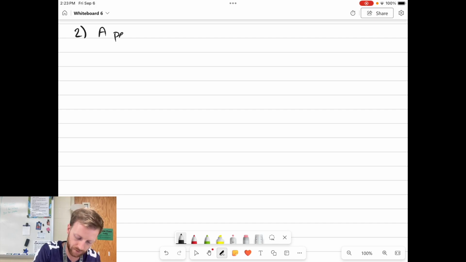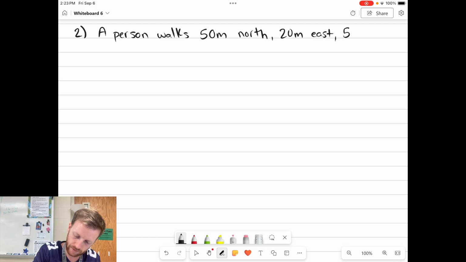We're going to look at a person. This person's going for a little walk. Walks 50 meters north, 20 meters east, 50 meters south, and 20 meters west.